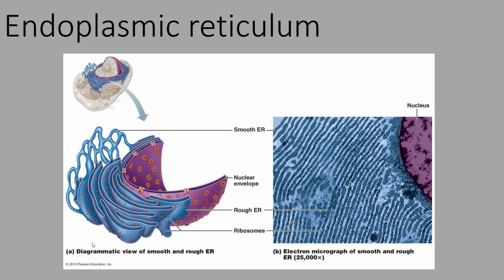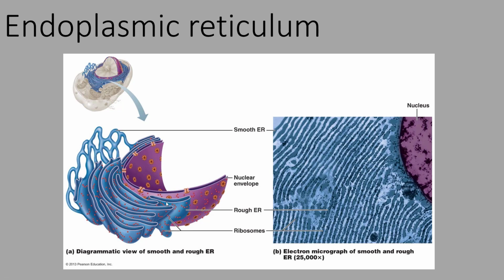Well, if we look at the rough endoplasmic reticulum, since ribosomes are stuck to it, it will also make protein. The way that happens, it's actually the ribosomes that are making protein, but that protein is then fed into the interior of the rough endoplasmic reticulum, so that when the protein is finished being made by the ribosome, it is trapped inside the rough endoplasmic reticulum.